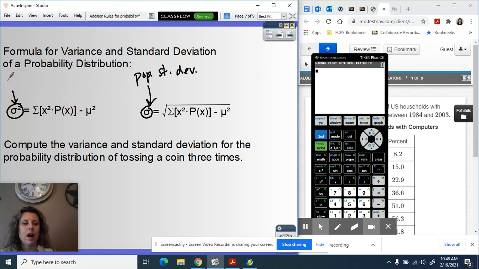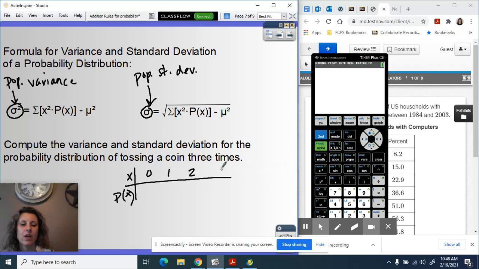And this is our population variance. Okay, again, we're going to compute that for the probability distribution that we just looked at a second ago, dealing with tossing the 3 coins. So again, I am just getting that back on this slide.